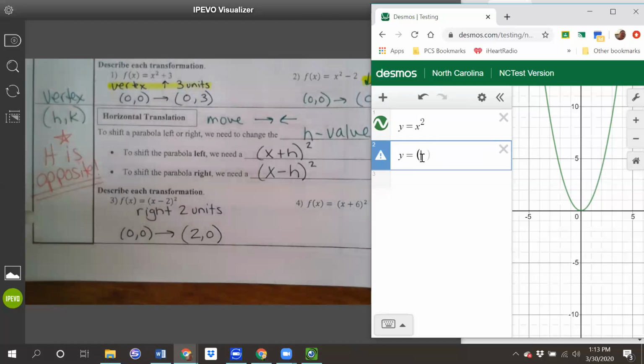I am going to make it x minus 2 and then square it. So if this is my original and I do x minus 2, that is going to push my graph right 2 units.